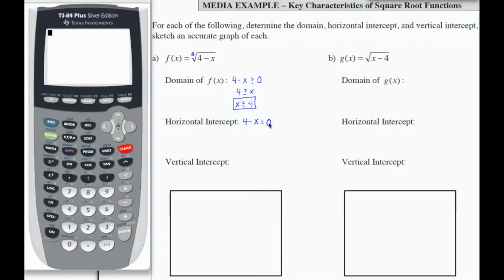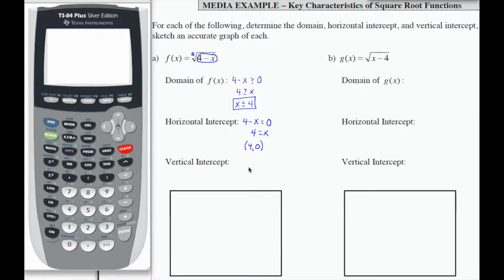When working with the square root, if what's under the radical is 0, the square root of 0 is still 0, so I can just focus on this part and set it to 0. So if 4 minus x equals 0, then 4 equals x. That means my horizontal intercept is (4, 0).